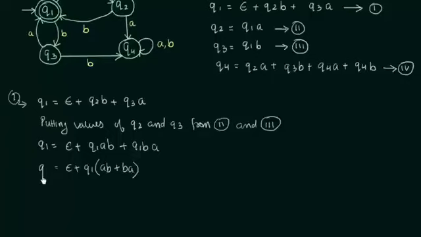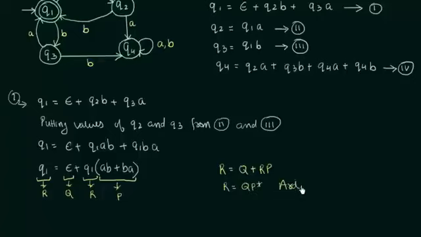Now if you observe this equation, Q1 equals epsilon plus Q1(AB plus BA), we can see that this equation is of the form R equals Q plus RP, where Q1 is R, epsilon is Q, and this whole term over here is P. So this can be written as R equals QP star by Arden's theorem.